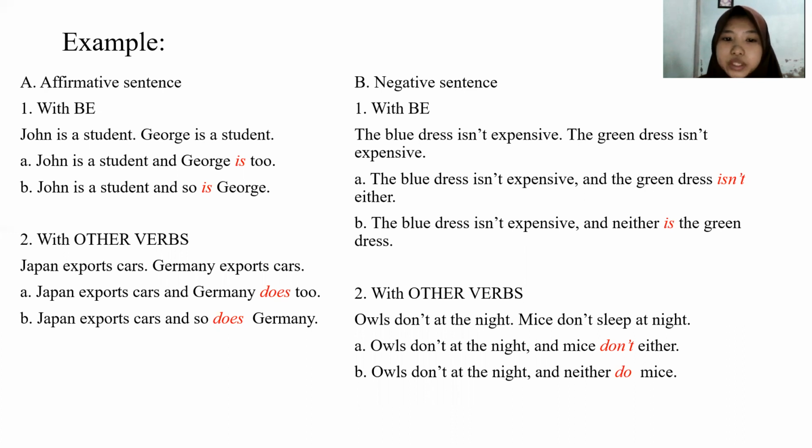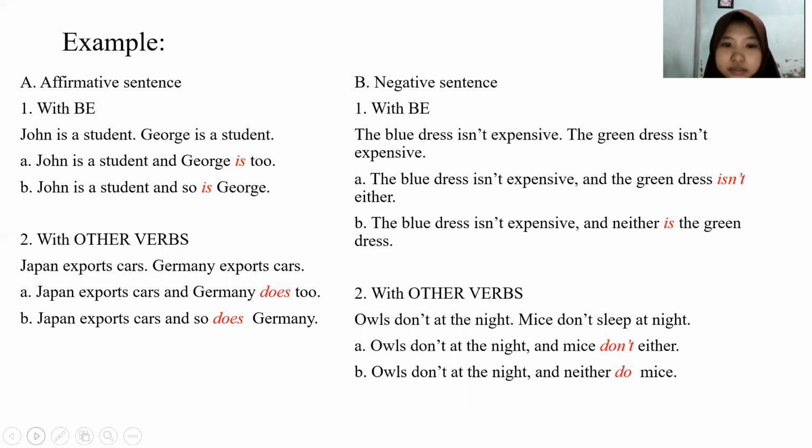Number 2, with other verbs. Owls don't sleep at night, mice don't sleep at night. A, owls don't sleep at night and mice don't either. B, owls don't sleep at night and neither do mice.